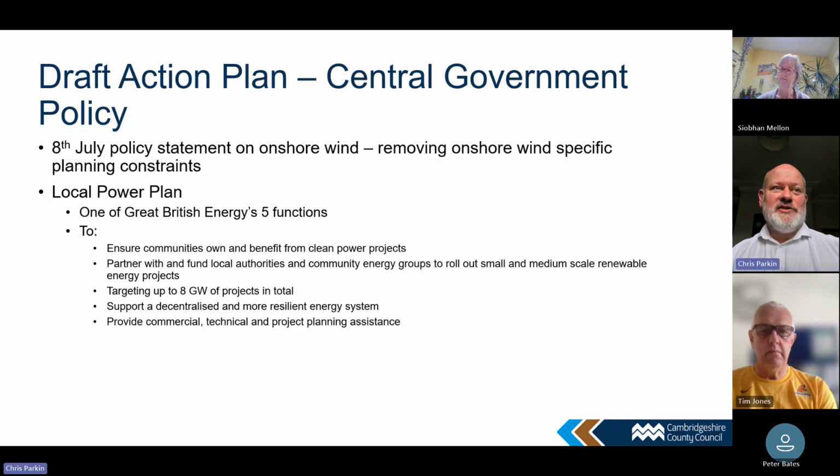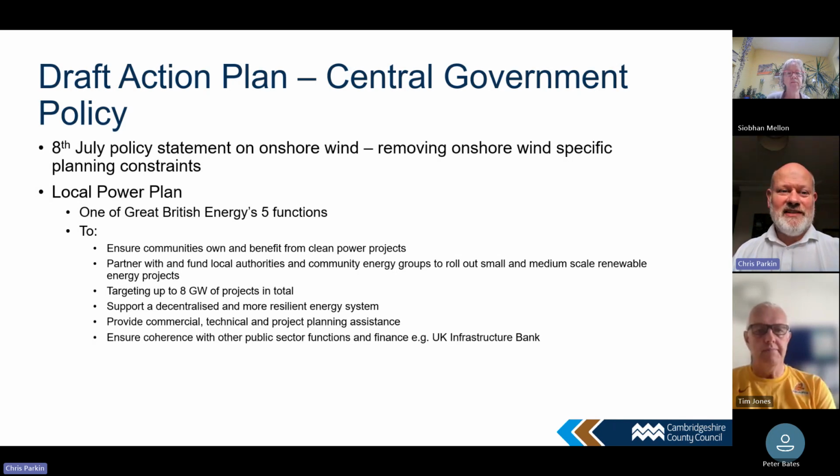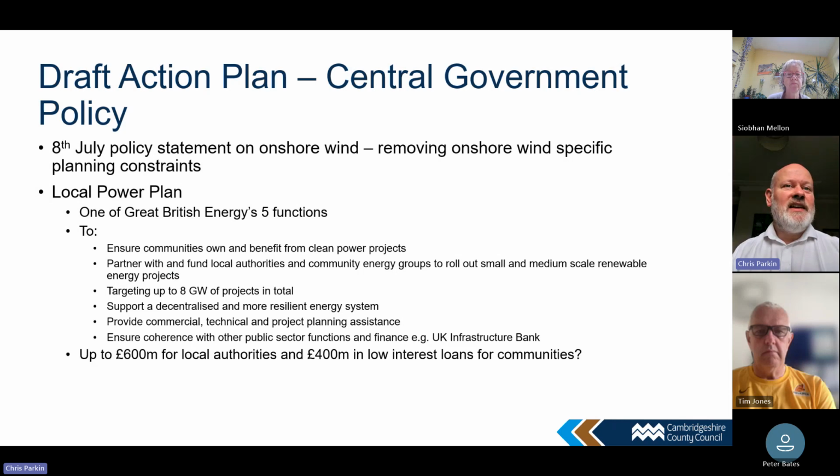It also aims to provide commercial, technical and project planning assistance and ensure coherence with other public sector functions. In particular, the UK Infrastructure Bank is mentioned as a potential source of investment for those projects. I put a question mark after this.